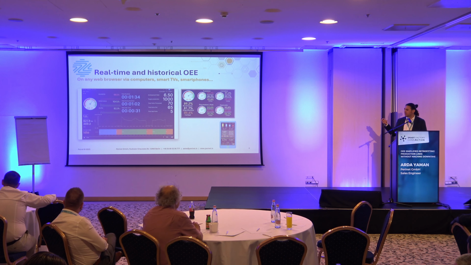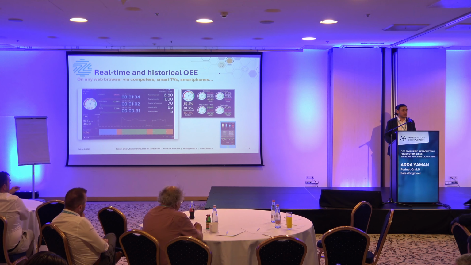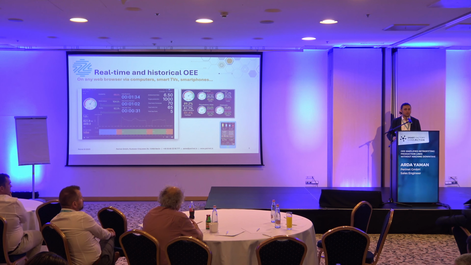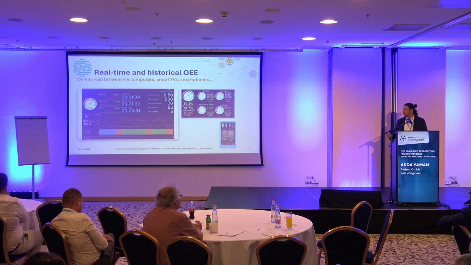Since this data is pushed to an SQL database in a historical manner, with time steps and everything, your TPM or Six Sigma teams, or operational excellence teams, can use this historical data to do kaizens, innovations and so on.